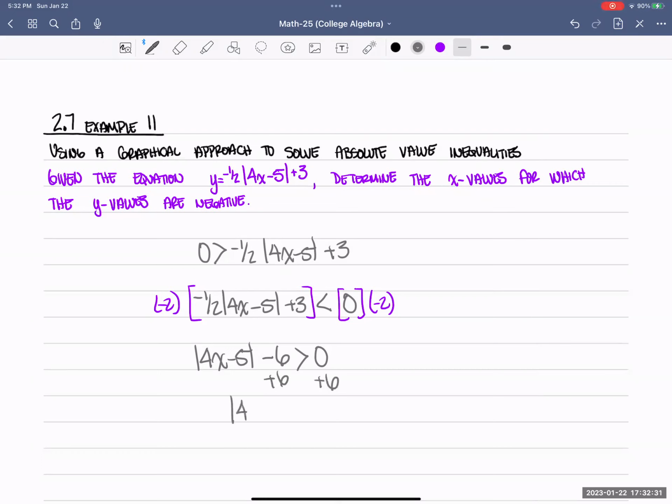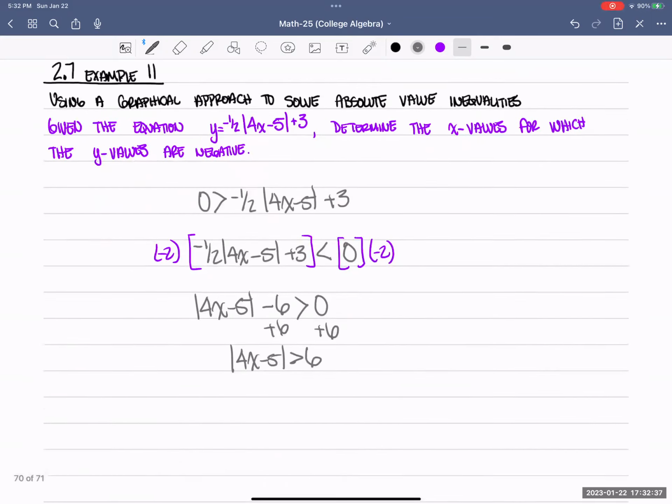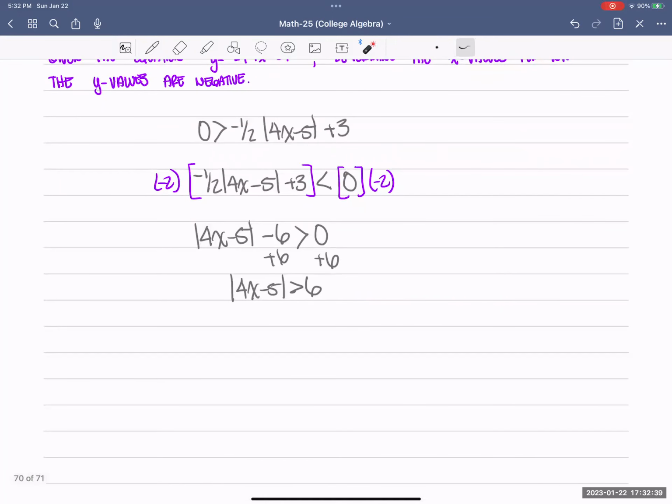Absolute value of 4x minus 5 is greater than 6. Now, since we have a lot more possibility for this value to be greater than this value, we have the positive and also the negative. We have to separate this into two different equations.